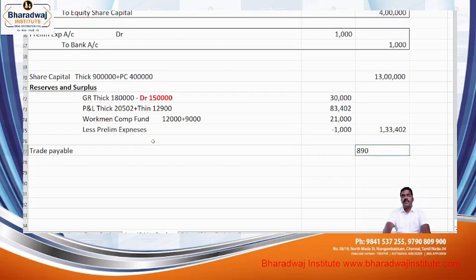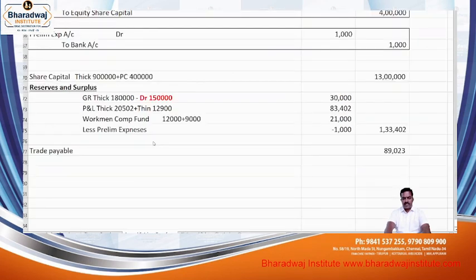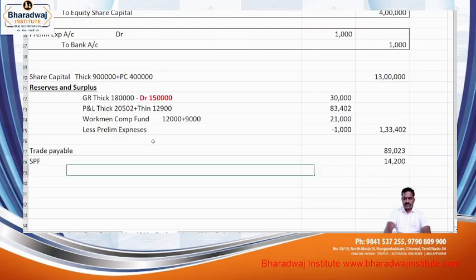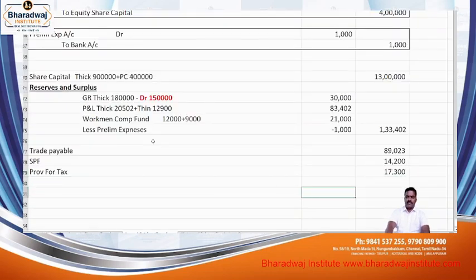Then staff provident fund. How much? Add both. 14,200. Provision for tax. Add both. What is the provision for tax? 17,300.